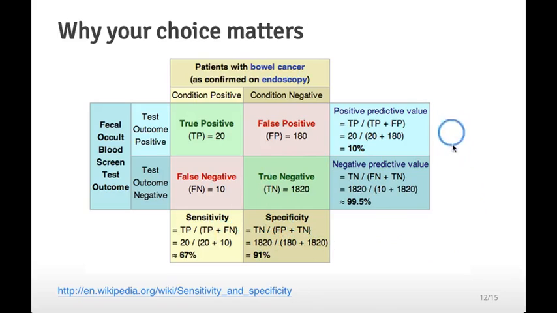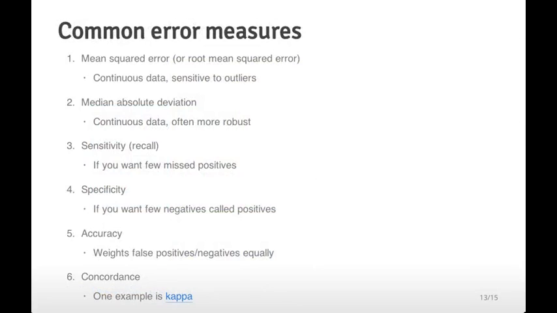The take-home message, other than you might want to study this table to have an idea about what these different error measures mean, is that depending on your choice of error measure, you can have dramatically different results for the type of test that you want to predict. For example, if you built a predictor, based on these numbers, you would think if you use sensitivity and specificity that it was a very good predictor, but if you use positive predictive value, this would be a very bad predictor and you might want to try something else.